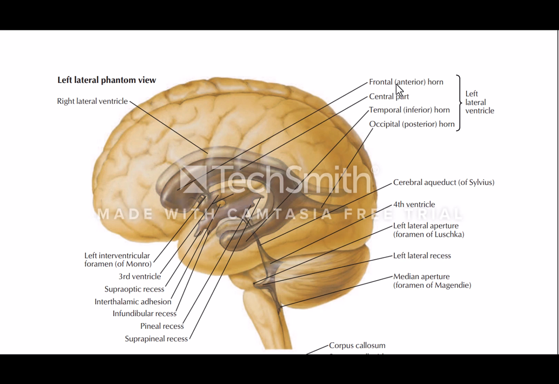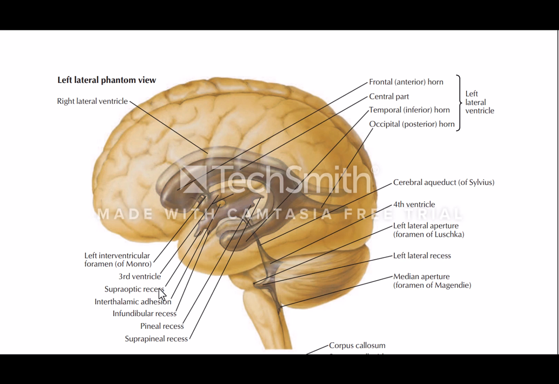It has the frontal horn or the anterior horn, the central part or the body, the temporal horn, or inferior horn, and the posterior horn or the occipital horn. So four major components of the lateral ventricle, and this is our third ventricle.